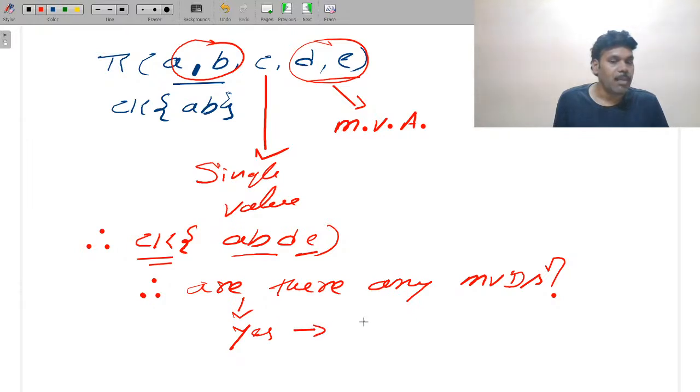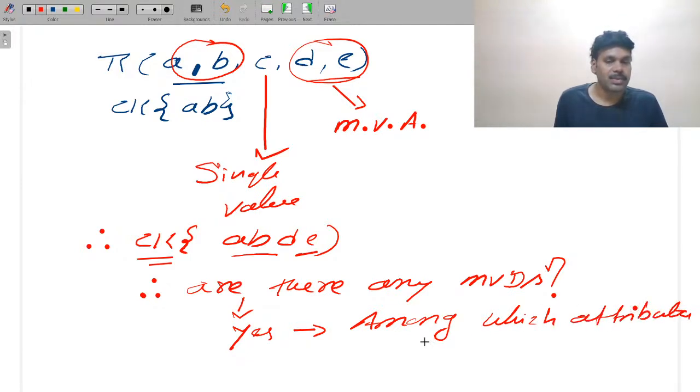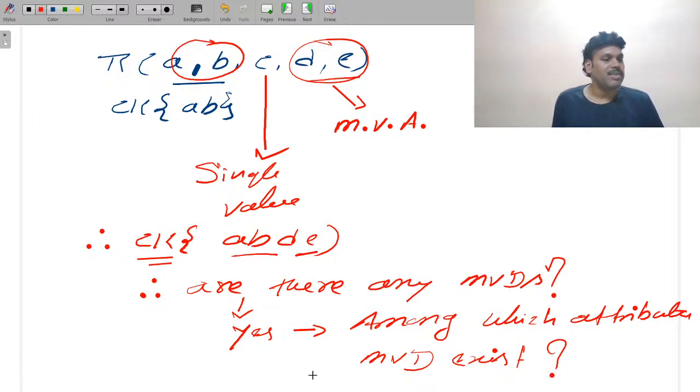So among which attributes does an MVD exist? We cannot say.